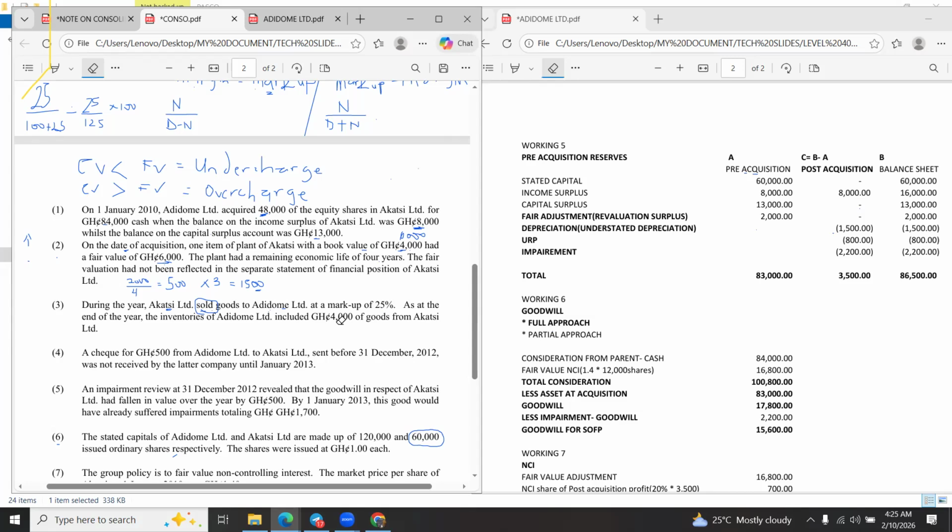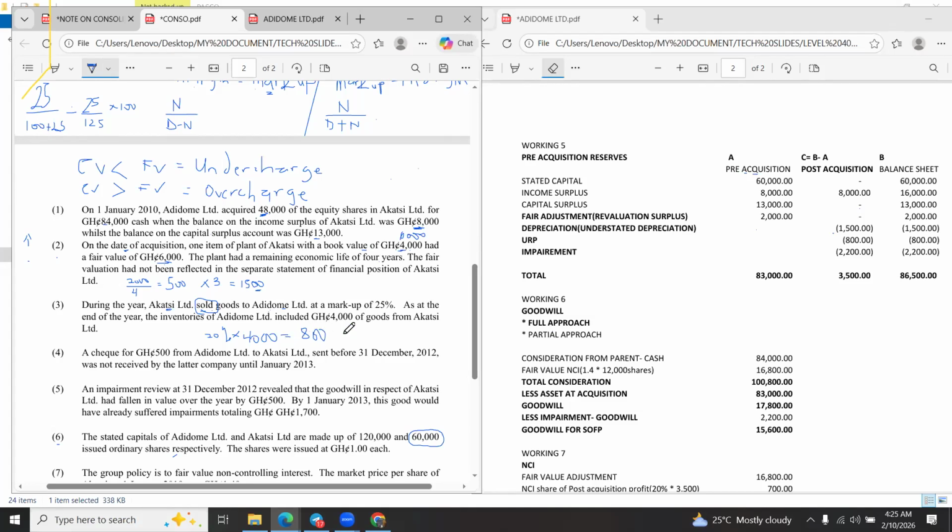So we have to change the markup to margin because of the sold goods, so that we can apply a margin on the selling price figure. When we did the conversion, it was 20%. So 20% of the 4,000 cedis tells you the profit aspect of the item, 800.